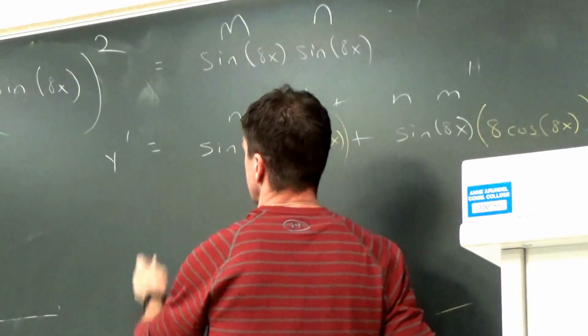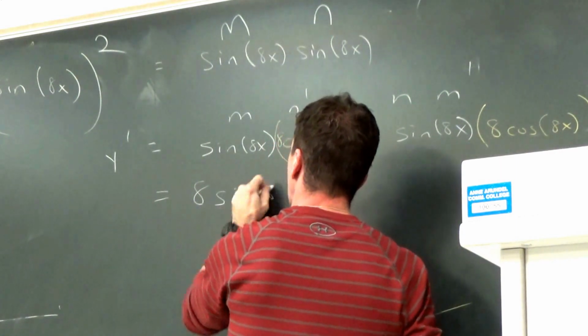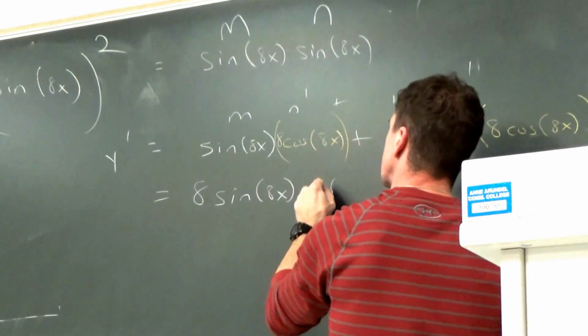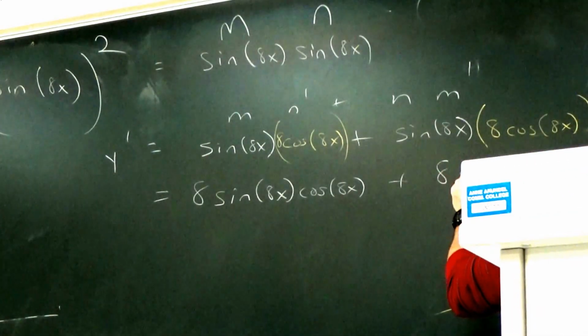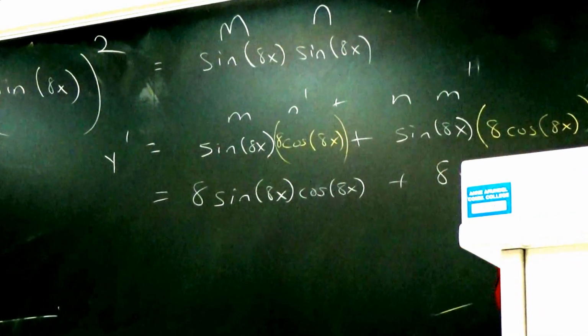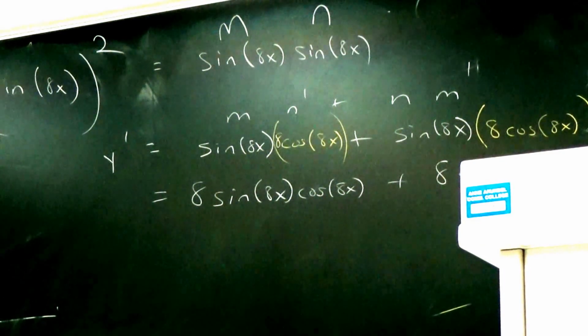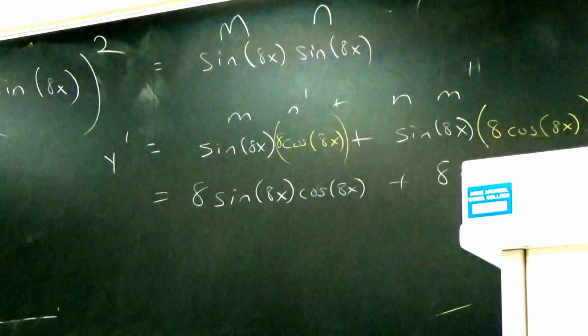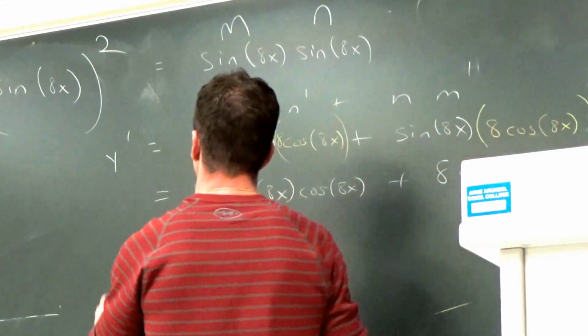They are like terms. How many sine 8x cosine 8x's do you have? 2. 8 plus 8 is? 16.